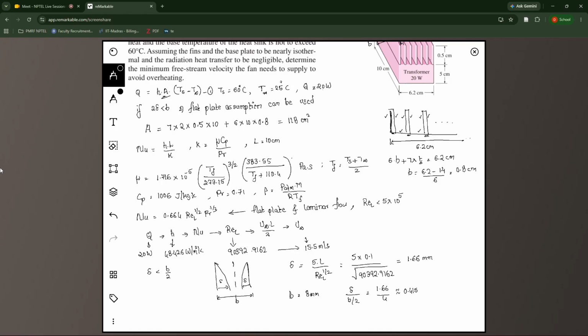Are there any questions? I left this problem as an exercise last week. So if you have any questions, please do let me know.